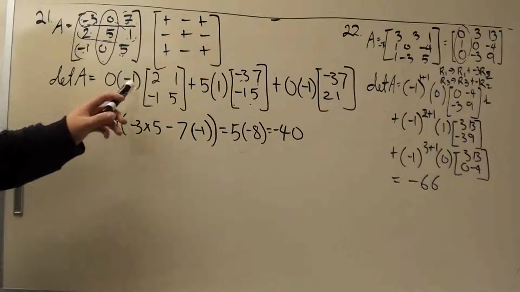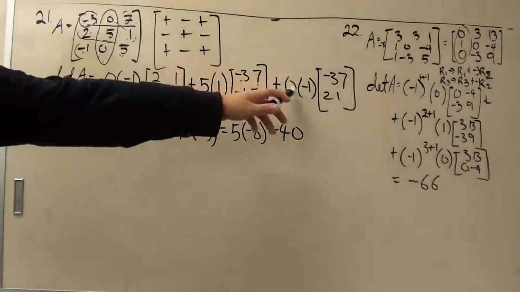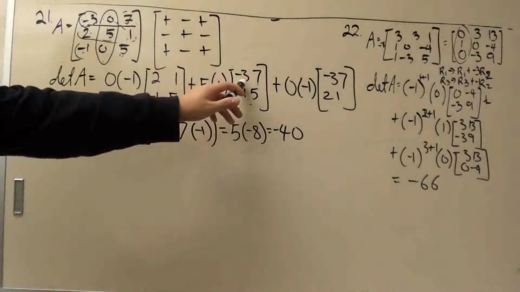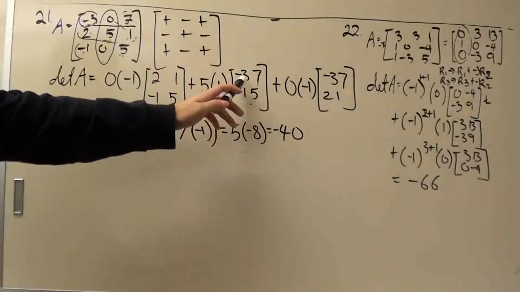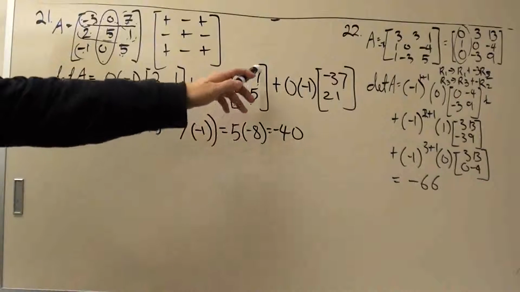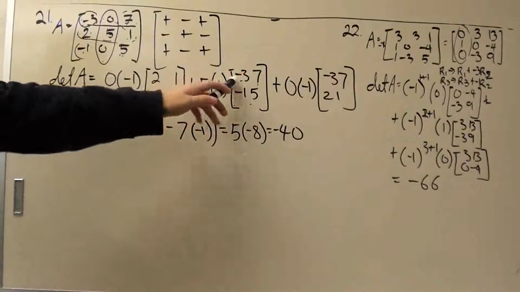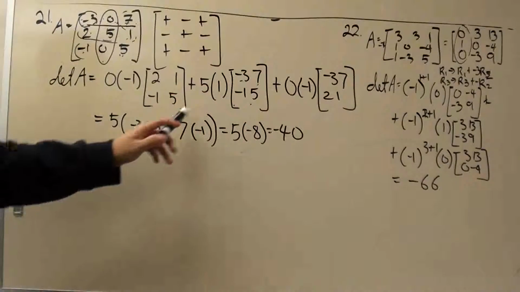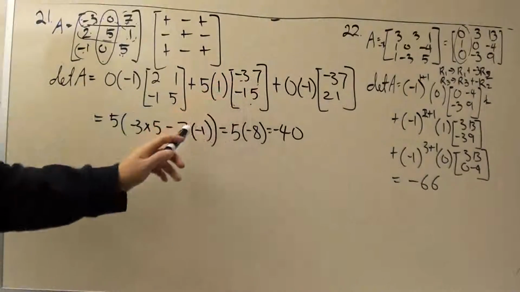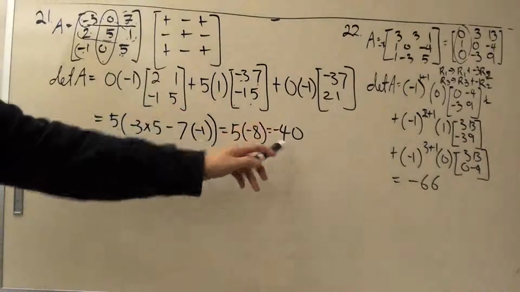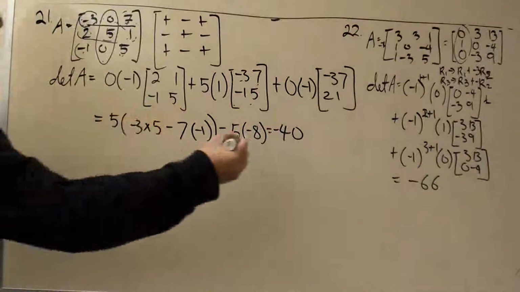So I cancel this one out, and all I have left is this. 5 times, and everyone knows how to find the determinant for 2 by 2 by now: A times D minus B times C. So you have negative 3 times 5 gives me this, and then 7 times negative 1 gives me that. So that's going to be 5 times negative 8, which gives you negative 40, and that will be your determinant.